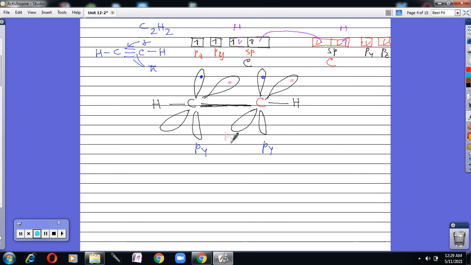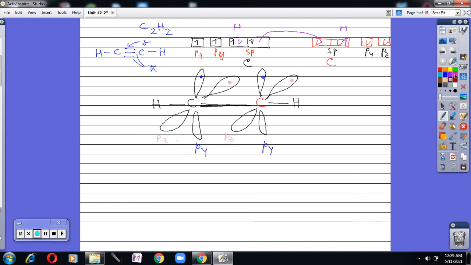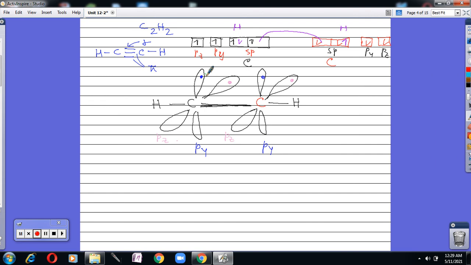Now from here, when these two lobes come closer and there is a possibility of partial overlap, then there is a formation of pi bond. So pi bond is formed here with this one and this one.